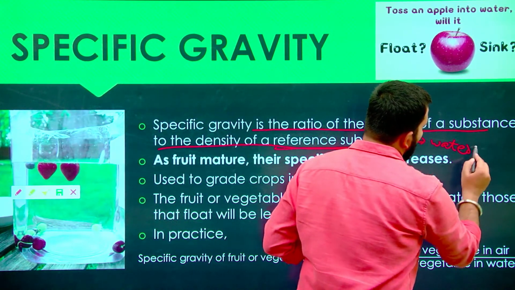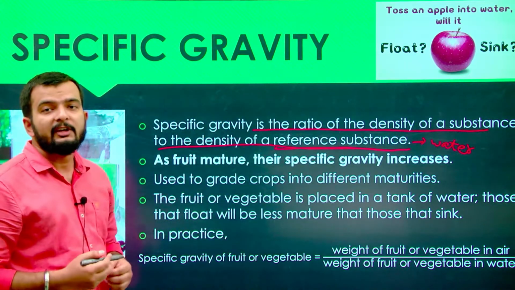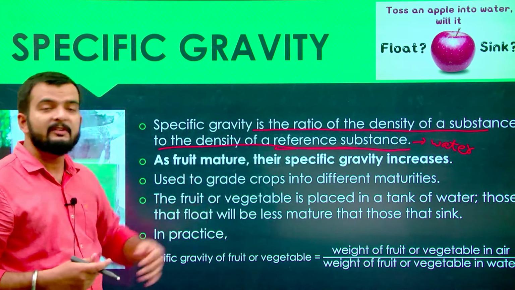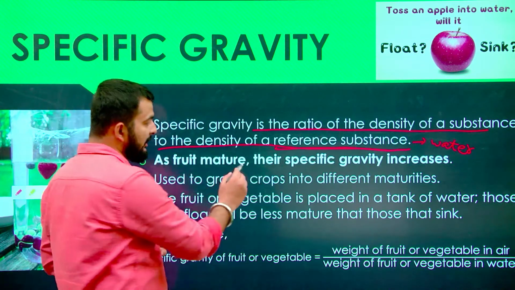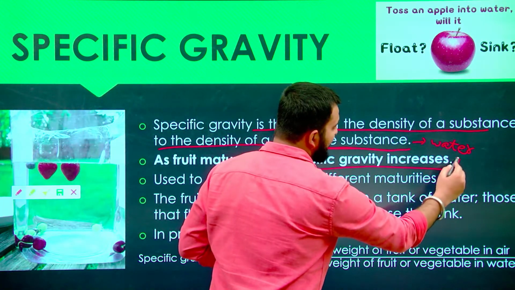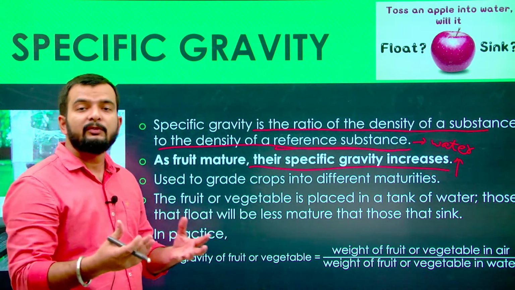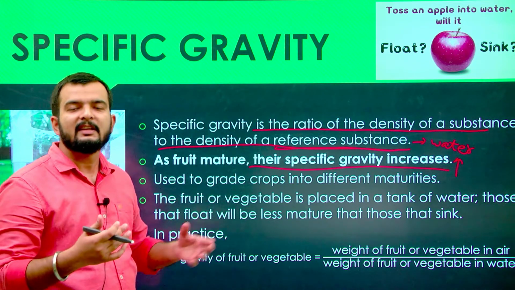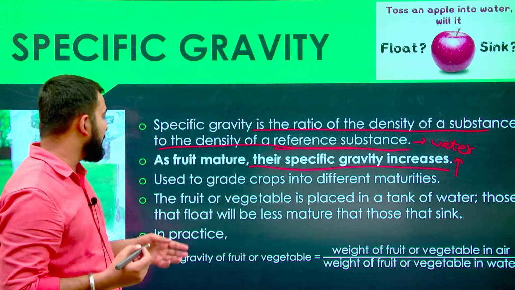So when we are determining maturity of fruits, when we are calculating specific gravity for fruits and vegetables, generally we take this reference substance as water. So as the fruit matures, this specific gravity increases. Okay. So specific gravity increase means the density or the weight of the fruit increases as it is growing, that's why its specific gravity is also increasing.